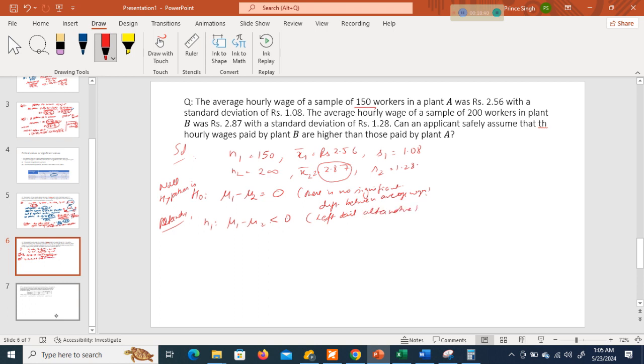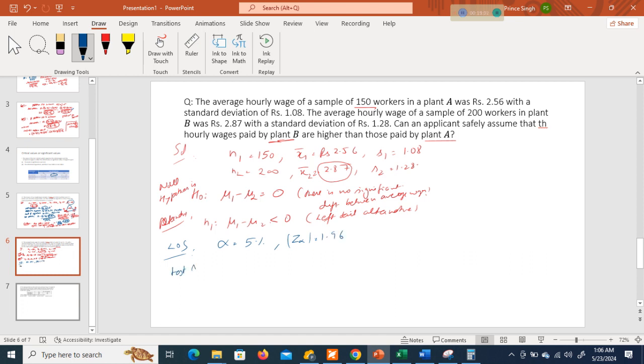Okay, because plant B are higher than those paid by plant A. Okay, so the next one is the level of significance. So it is not given here, so we are choosing alpha as 5%, and at 5% we know that its value is 1.96.